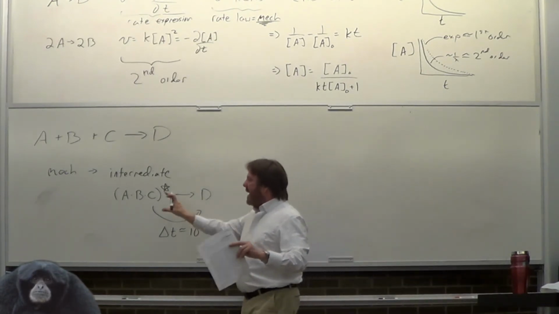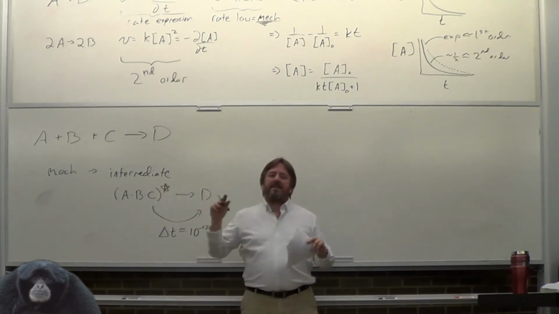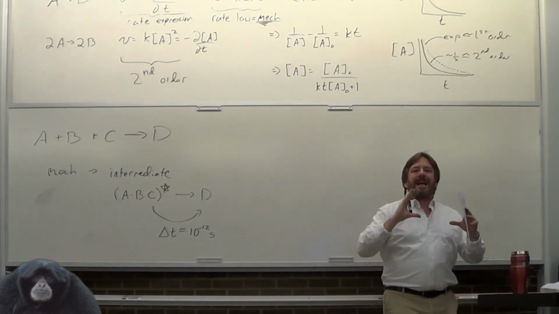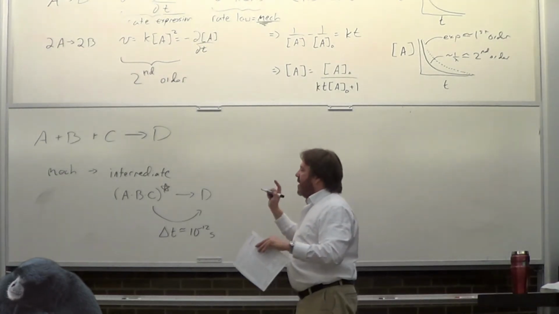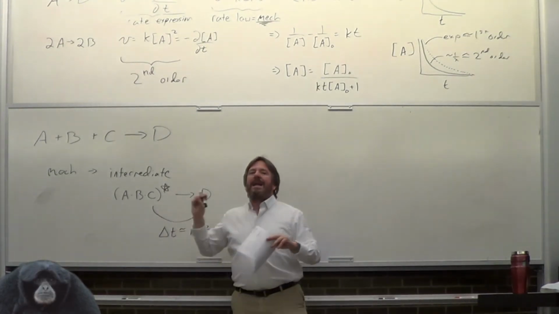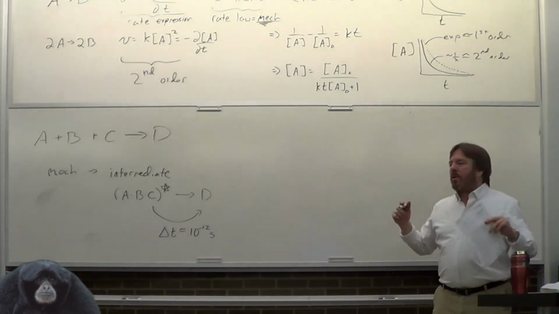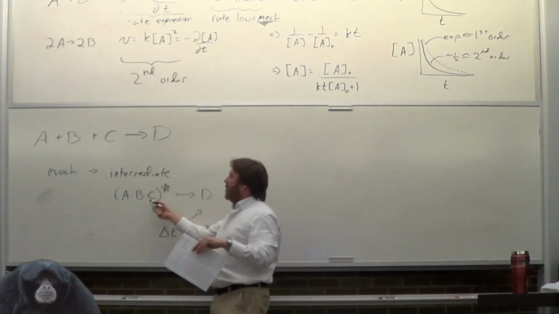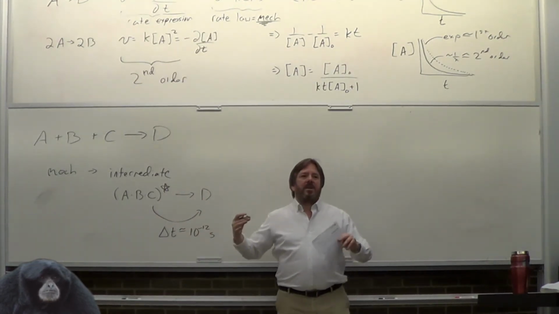Okay, anyway, that's if this is a mechanism, this is what it means. A, B, and C simultaneously conjoin and happen to have enough energy to make D. There are some examples of this, but it is extremely rare. You can just think of it from pure entropy. What are the odds that 3 things come together in the right time, in the right way, and have enough energy?